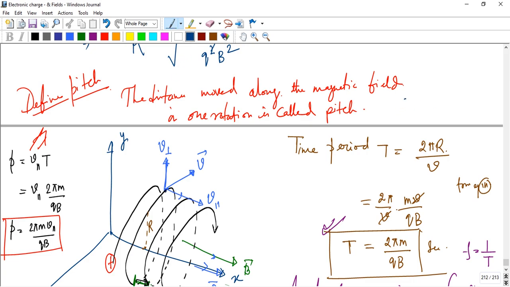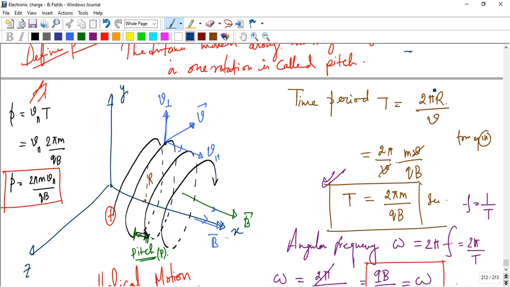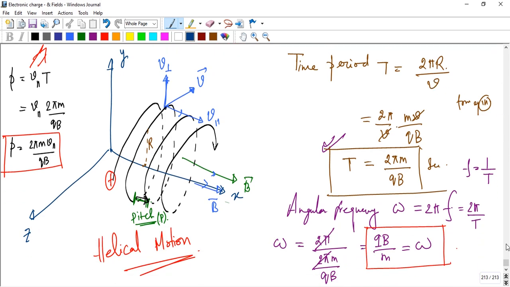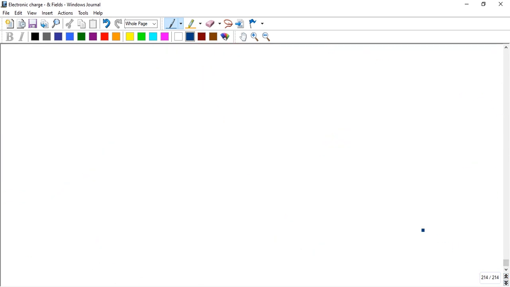Okay, clear? Now here we discuss another important concept called cyclotron. It's very important. Cyclotron is a machine or a device for accelerating charged particles.